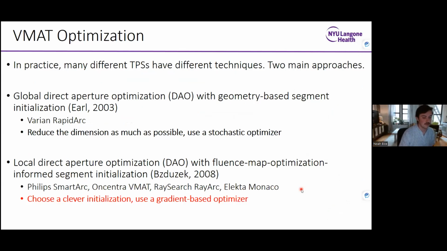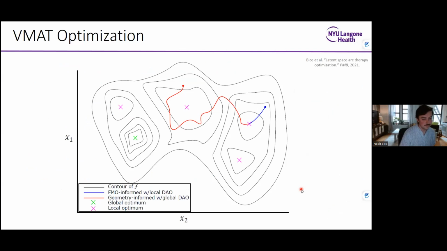If we had to compare the two, just in a two-dimensional optimization, something like this, here I have the global DAO algorithm shown in red and the local DAO algorithm shown in blue.